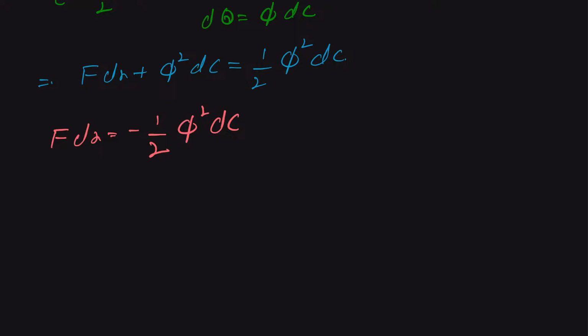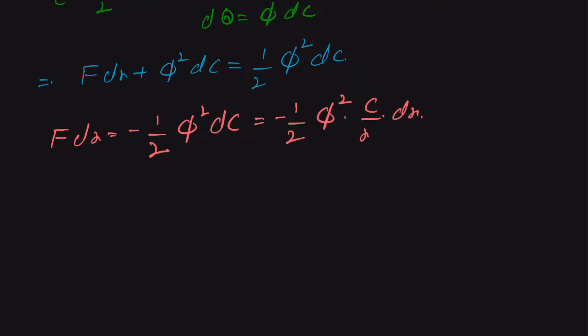Okay. And we can write this further as minus 1 by 2 potential square times dC upon dx times dx. Okay.